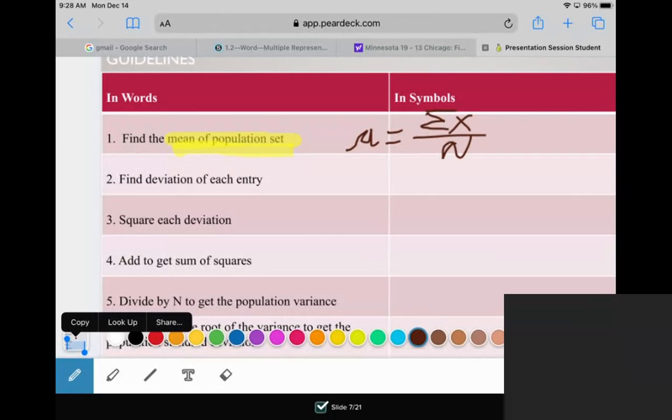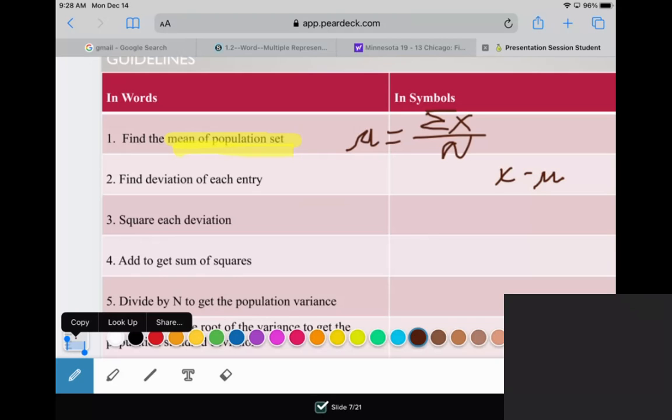It's a little complicated, but it's saying the same thing. This is the total of all of your entries divided by how many items there are. To find the deviation, as we just talked about earlier, take the actual entry and take away the mean. So this is the mean right here.